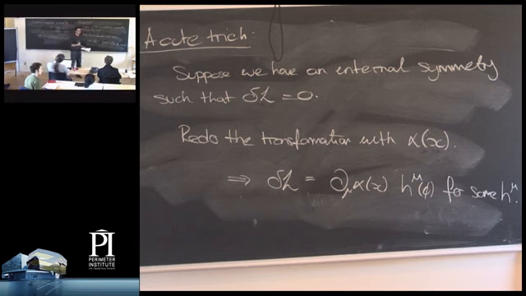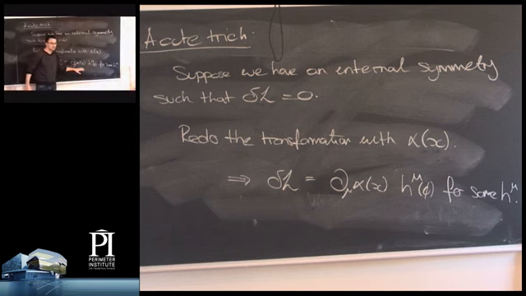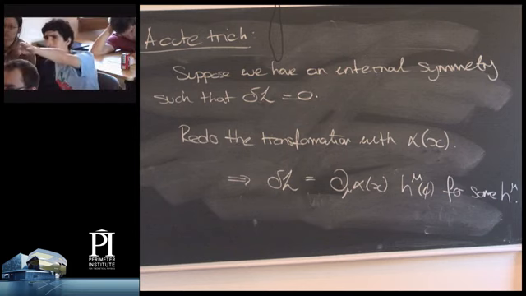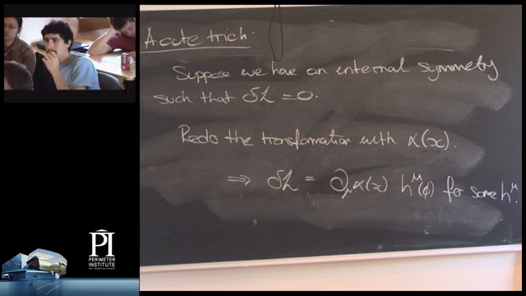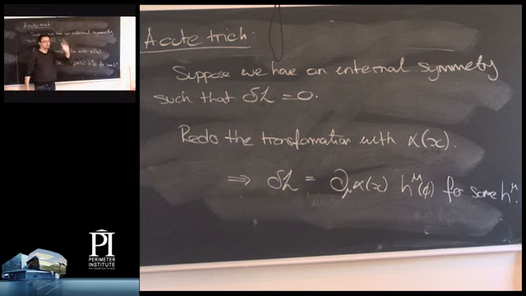That's not going to be a symmetry of your theory, which means your Lagrangian is going to change, but the way it changes has to be of this form. Wait, so we can't do this with a general symmetry? At the moment it's for any internal symmetry, so there's a bunch of alphas which are parameterizing how much of the symmetry you're doing, how big your rotation is, how much you're mixing up different fields.